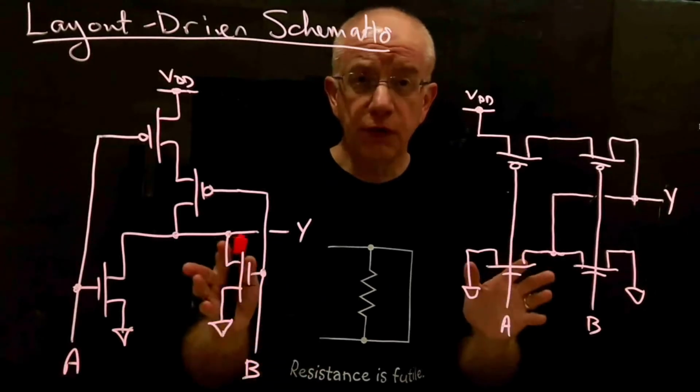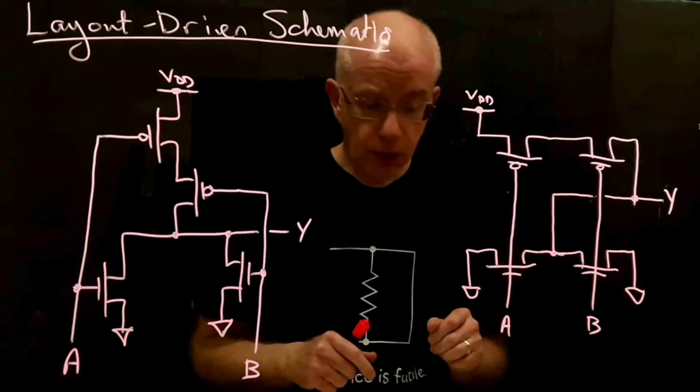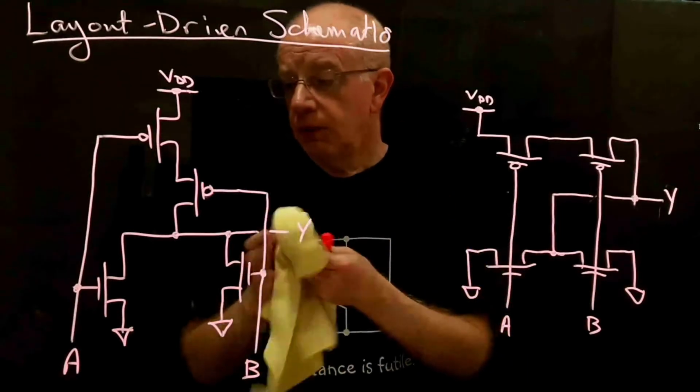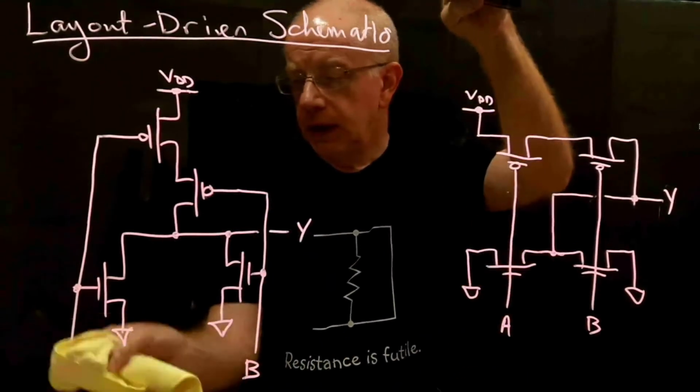So this is one example. This is a 2-input NOR gate. If we were interested, we could try a slightly more complicated gate.